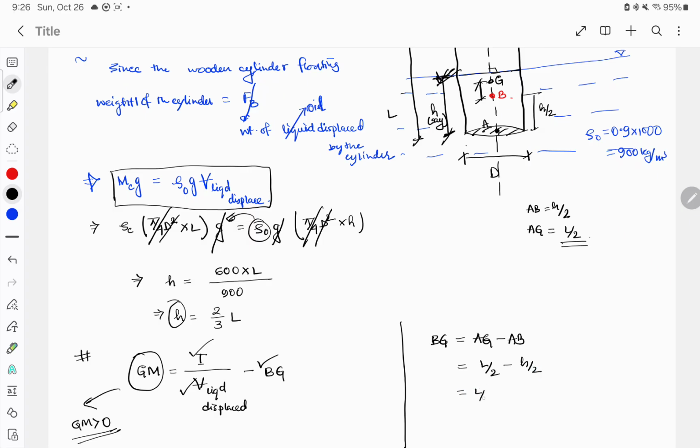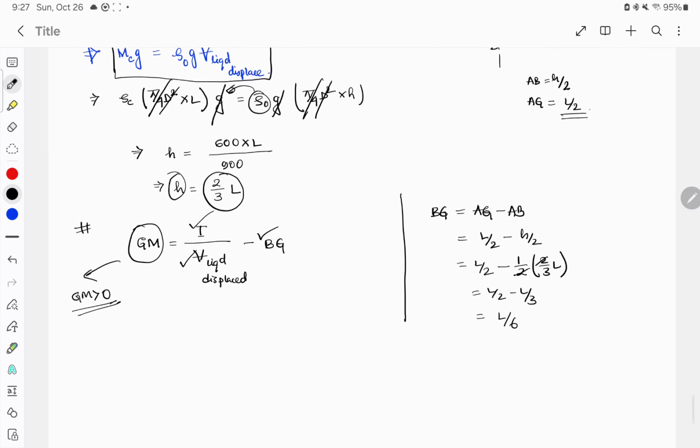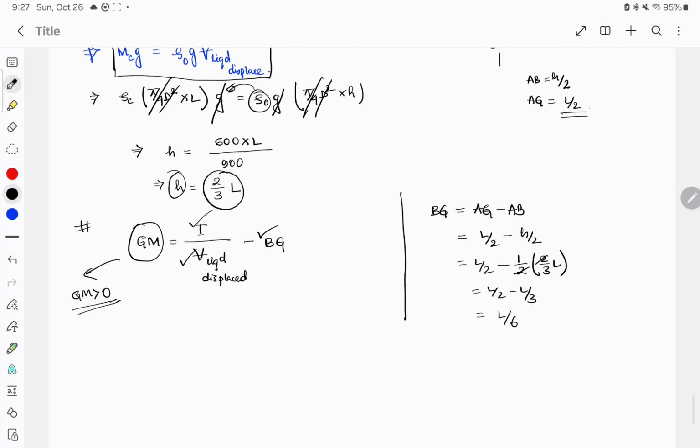We have calculated H as 2 by 3 L, which will give me half into 2 by 3 L. So L by 2 minus L by 3. The 2 cancelled, so BG is L by 6. So this is done. Now we'll calculate I.